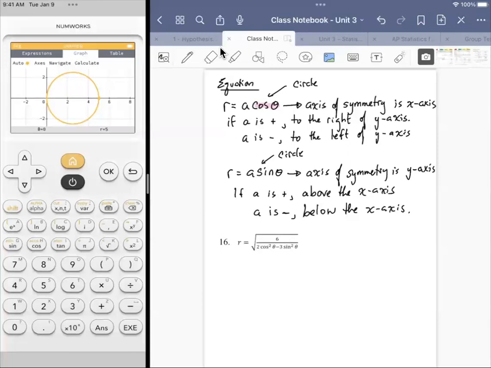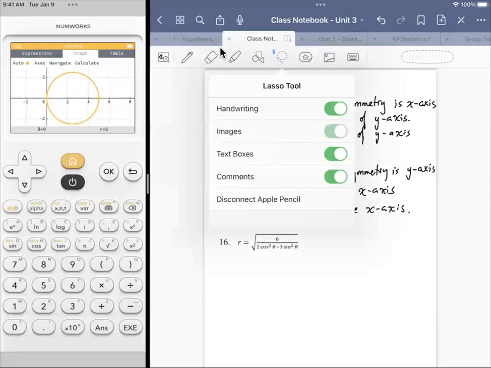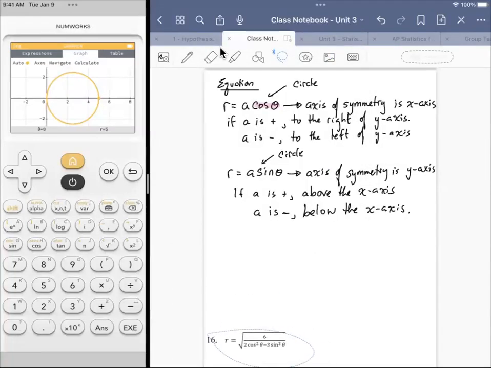And actually, before I get on to number 16, let me do another example. Let's say I have an equation, r equals, I'll try to keep the numbers a little nicer here. I'll say -6 cosine theta. All right.